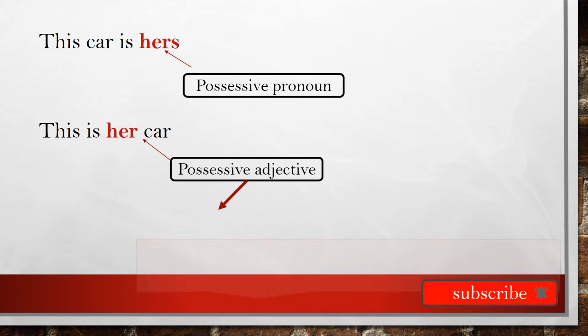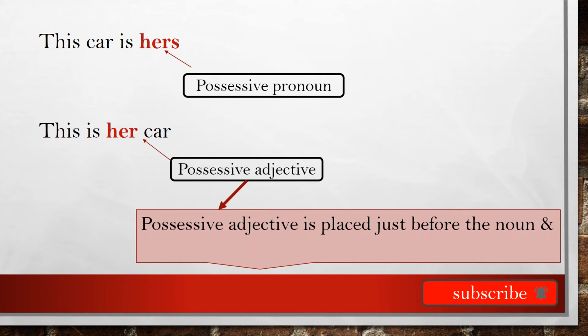Let's see what is a possessive adjective. A possessive adjective is placed just before the noun and it describes the noun. Let's see the second sentence. In this, the car is a noun which is described or modified by the term her. So, it is known as a possessive adjective. Look at the first sentence.